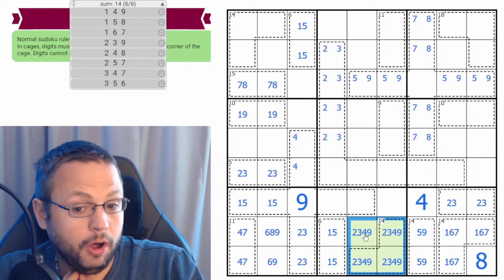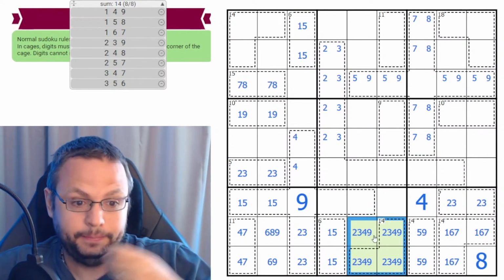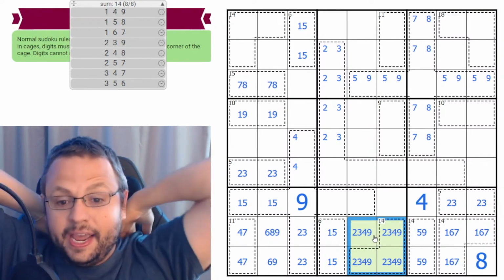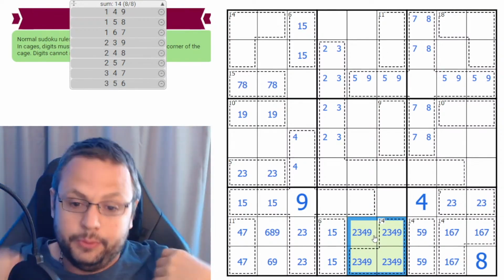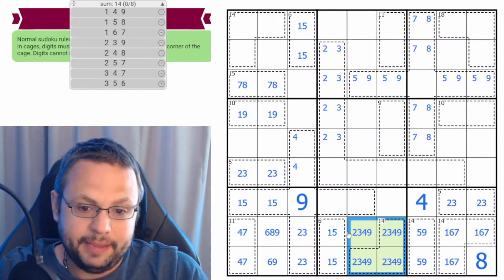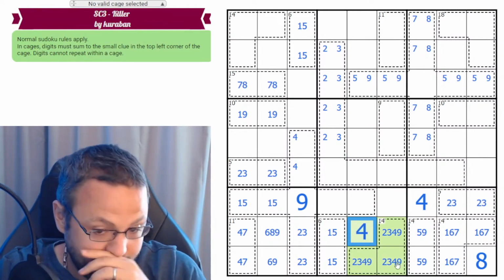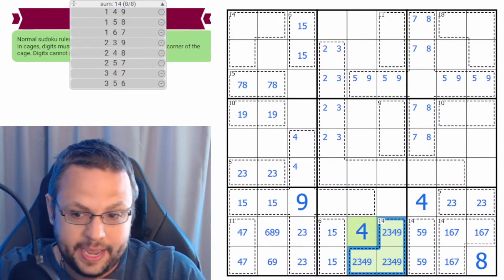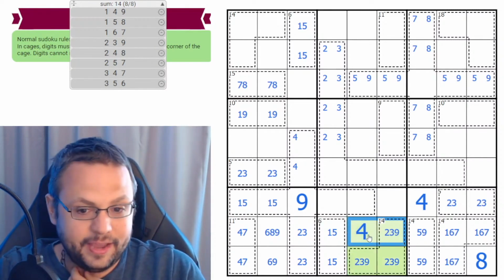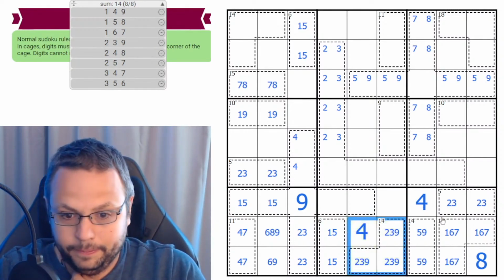Well, the sum of all of these digits is 18. So which digit am I kicking out? The digit I kick out has to make up the difference between 18 and 14. So the digit I'm kicking out has to be a 4. I have no other options for what digit I kick out in order to make this add to 14, as I said it is supposed to.